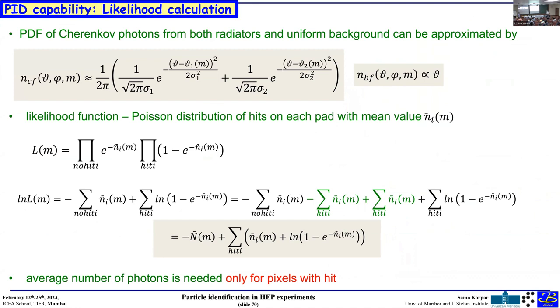No, what we do is, for a certain track, let's say we say it's a pion, and then we calculate the expected distribution of photons, including the background. And then we calculate this for pions, and let's say kaons, and then we calculate the likelihood, the probability that this was a pion.